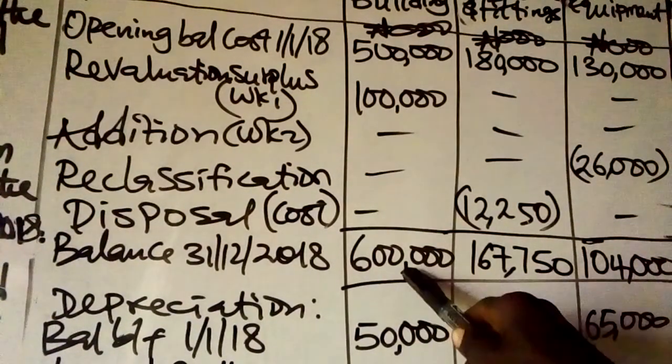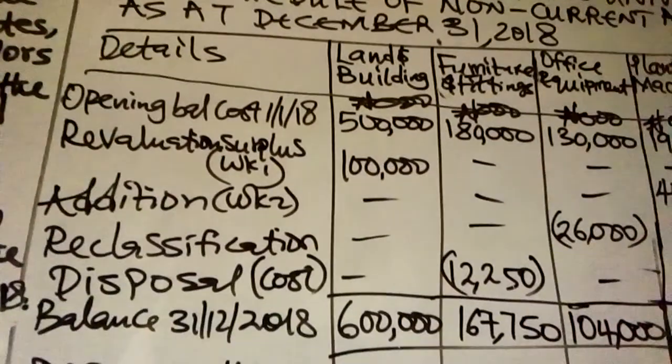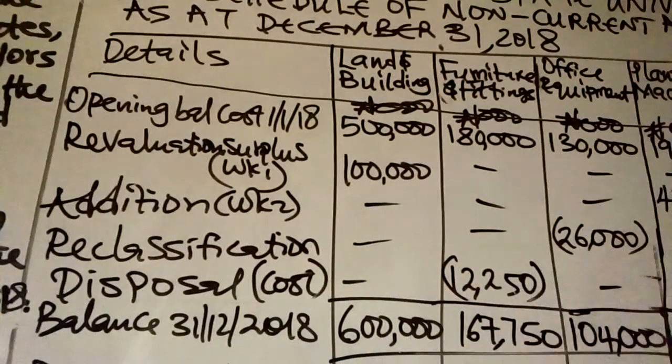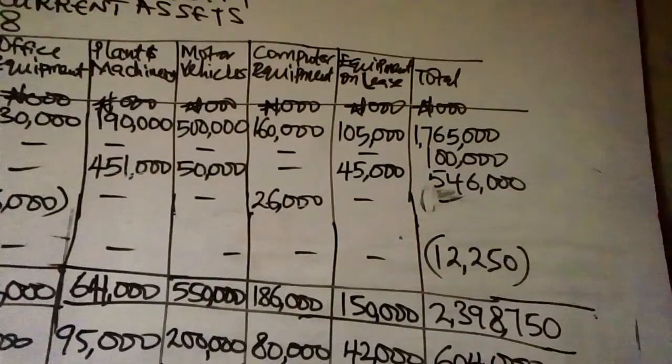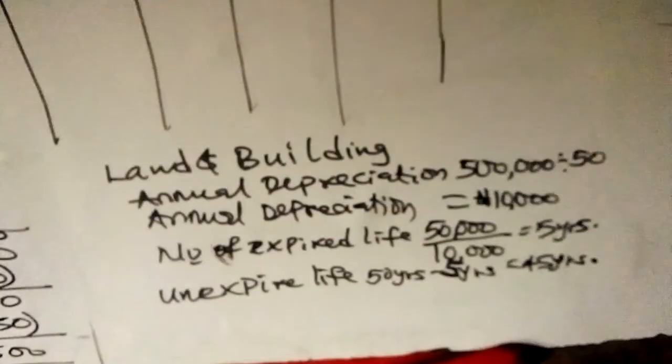You are now having 600,000 as the value of land and building. You now apportion the 600,000 over the unexpired life of 45 years.